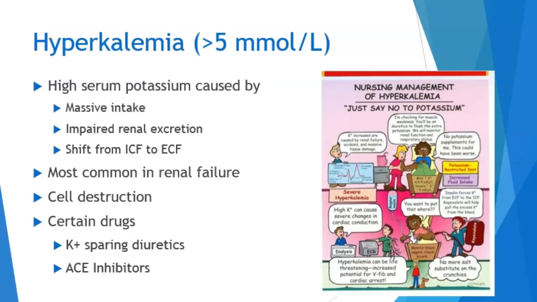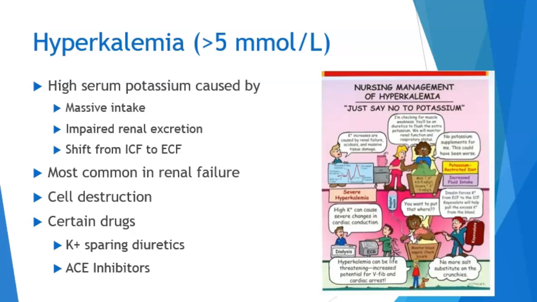If our kidneys aren't working, then we may not excrete the potassium, and so that's a common cause of hyperkalemia as well. Or we see a shift from our intracellular fluid to our extracellular fluid, and that could happen in cellular damage. So when cells burst, they release their contents, and remember, our intracellular fluid is high in potassium.